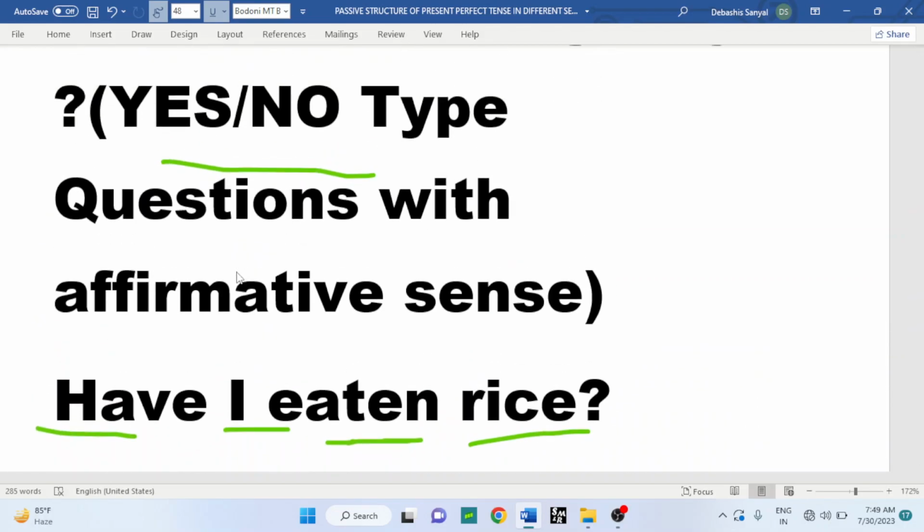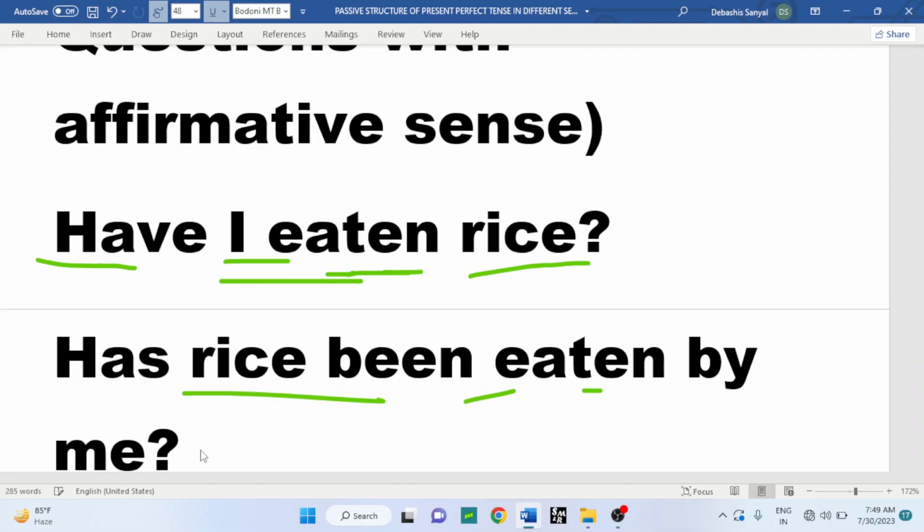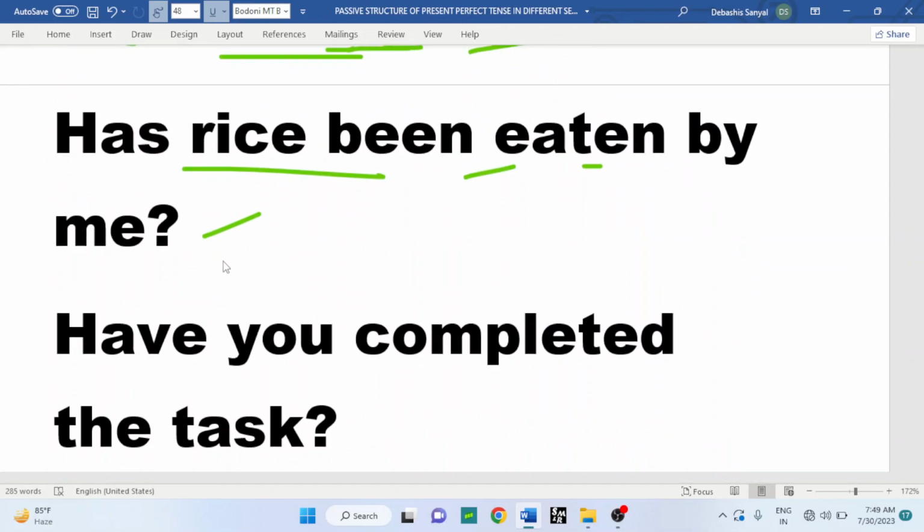Then according to the rule, rice always takes has, so when we transform the sentence to passive, we have to use has before. Has rice been eaten, third form eaten, has rice been eaten by me. I becomes me at the end of the sentence, and the question mark is always placed at the end.